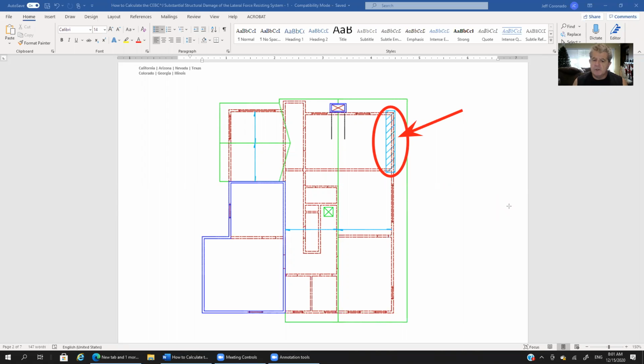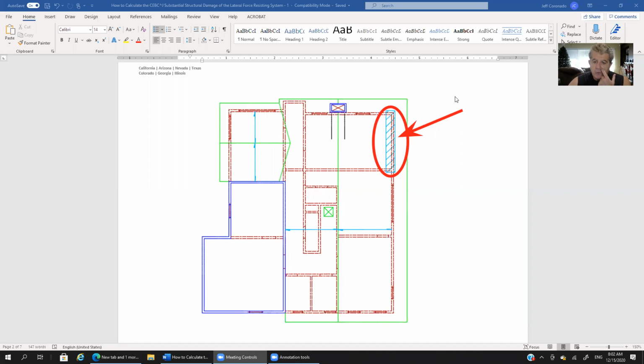Now, I believe this one was damaged by fire. So this portion of the shear wall was damaged by fire. All right, so this is part of the lateral force resisting system, and since it is part of the lateral force resisting system, then it falls under our current purview.